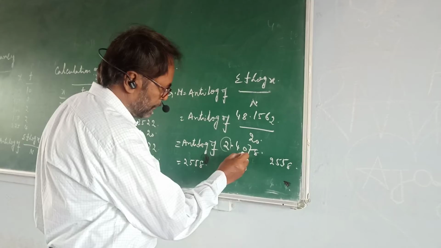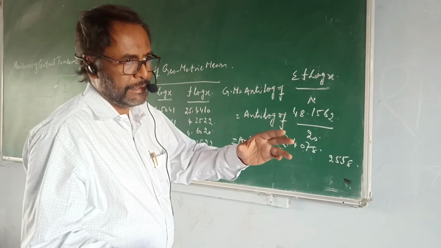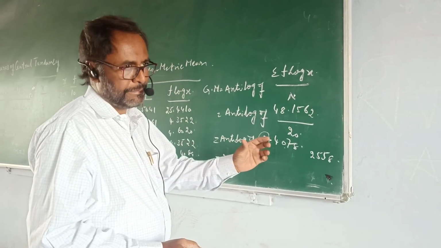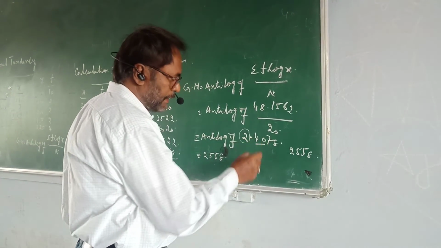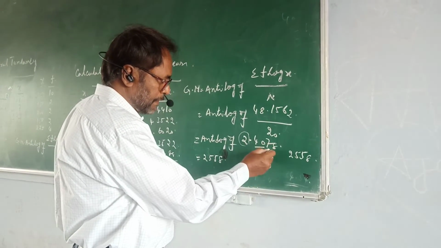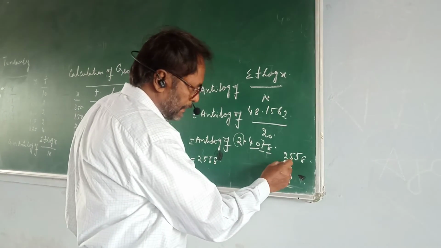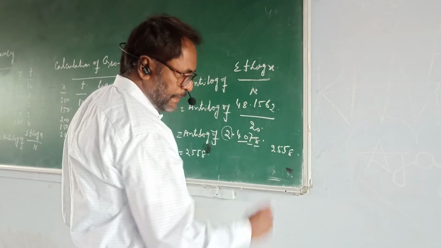So 0.40. How we find the logarithm values from the tables, like that here also we have to pick out. First you go through the 40, then you take the 7, then in the mean difference 8. So we will get 2558.